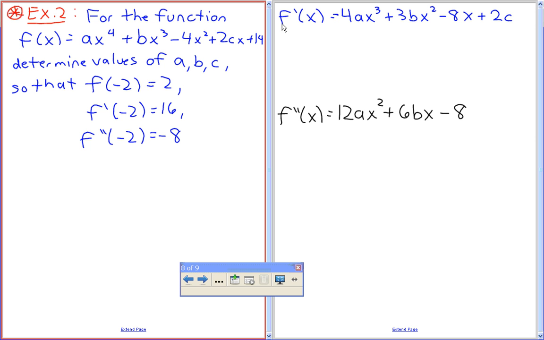My original equation was f of x equals that. If I want f of negative 2 equals 2, can I get some third person who's brave to plug in negative 2 and make an equation for me? f of negative 2 equals a times negative 2 to the 4, plus b times negative 2 to the 3, minus 4 times negative 2 to the 2, plus 2c times negative 2, plus 14.